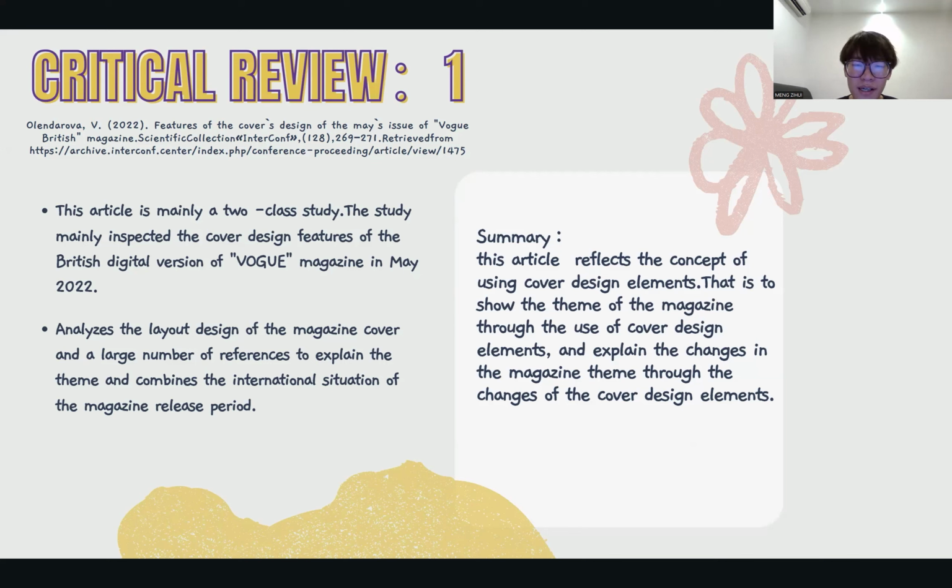For summary, this article reflects the concept of using cover design elements. So that is to show the theme of magazines through the use of cover design elements and explain the changes in the magazine's theme through the changes of the cover design elements.